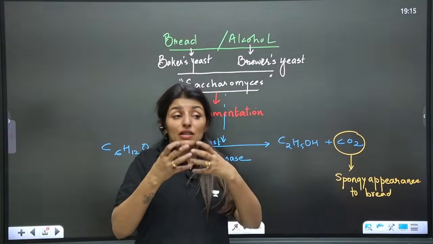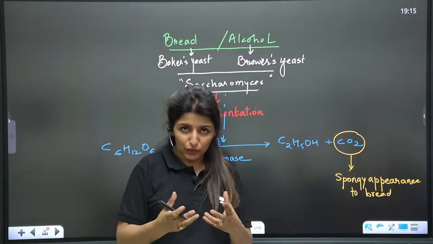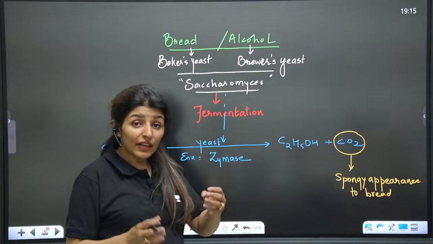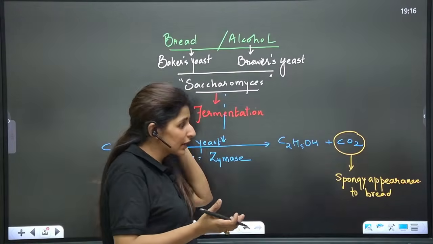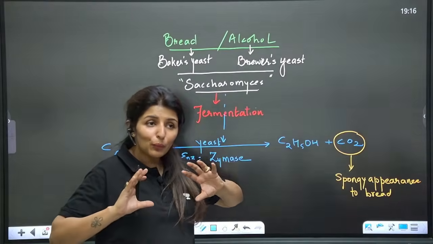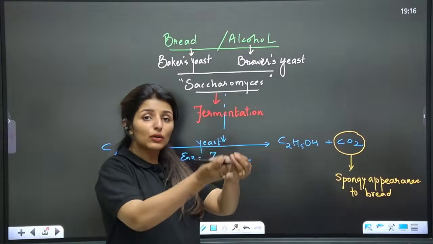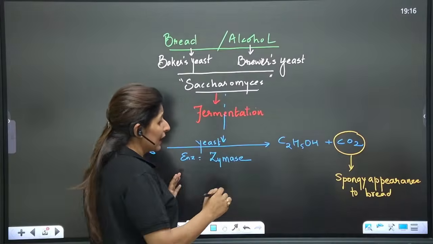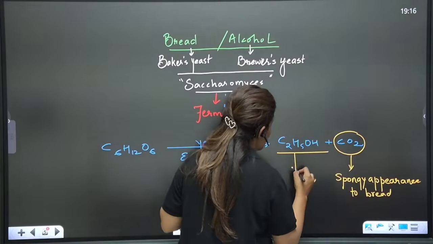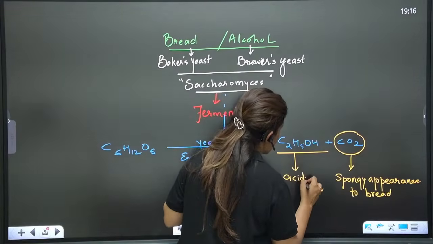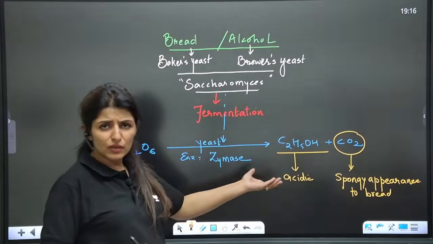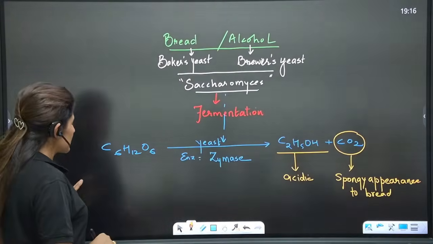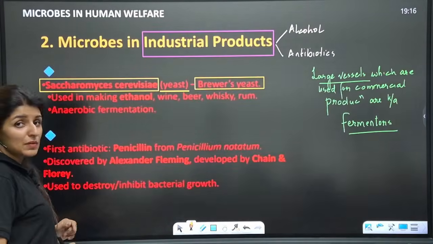That swelling up is known as leavening of dough, right? And why does that leavening or raising up of the dough occur? It is because of CO2. And now when you put it in the oven, the CO2 evolves even more, giving it a spongy appearance, right? And this ethyl alcohol gives an acidic nature to that fermented dough. And of course, alcohol is acidic. Are these points clear? Right? So that comes under household products.